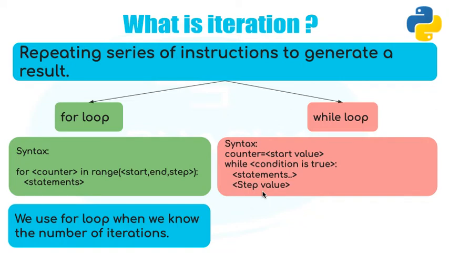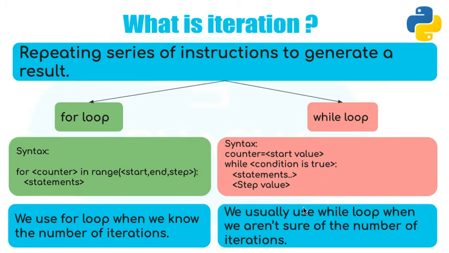It could have a floating point input, it can have a string value, it can have a situation where the loop can go into an infinite case. So this part we are going to do in detail. So just remember, we usually use a while loop when we aren't sure of the number of iterations. But remember, with for loop, we always use it when we are definitely sure of the number of iterations.